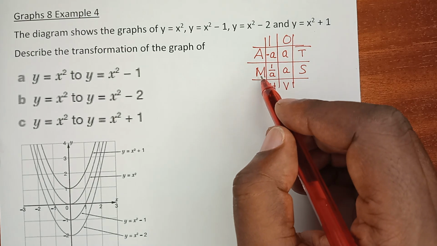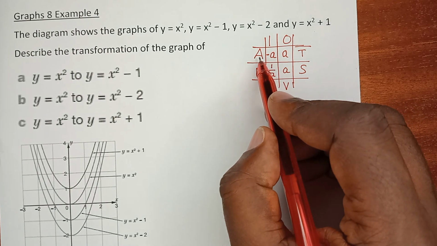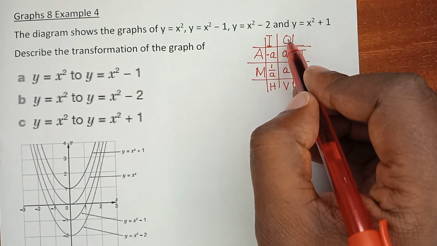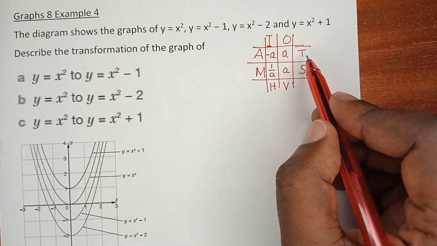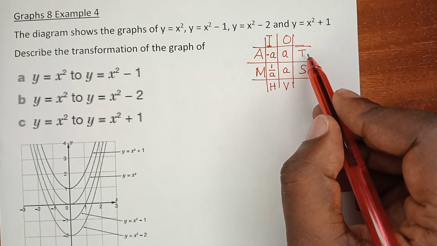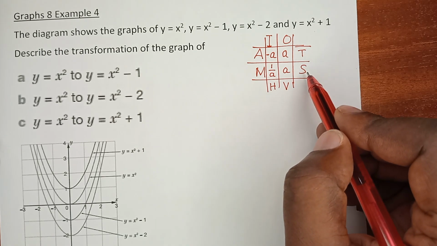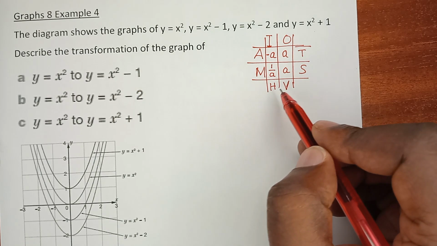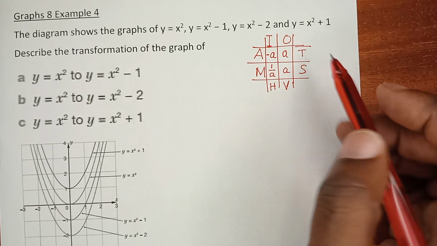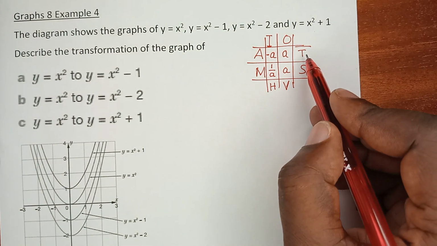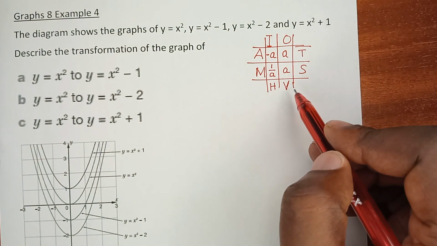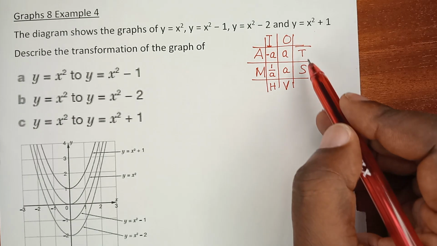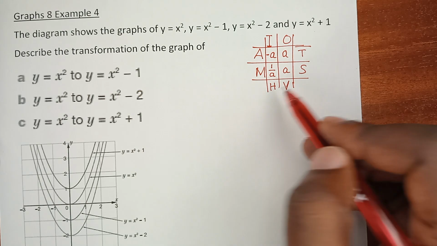Mayo: M means multiplication, A means addition, I means inside, O means outside. T means translation, S means stretch, V means vertical, and H means horizontal. To remember this, you can easily say Timothy should verify his argument.